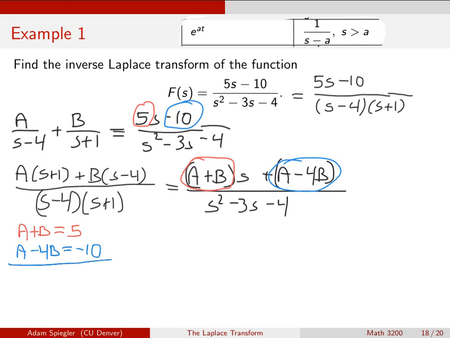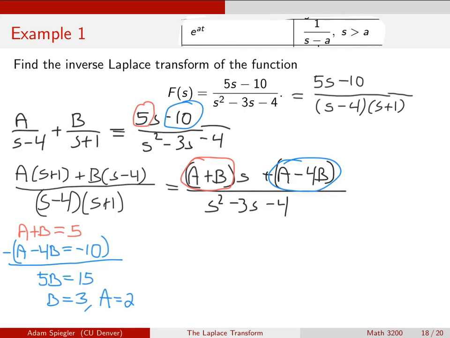And I want to solve this. If I subtract the second equation from the first equation, the A's cancel, and I get 5B equal to 15. So B is equal to 3, which therefore tells us that A is equal to 2.